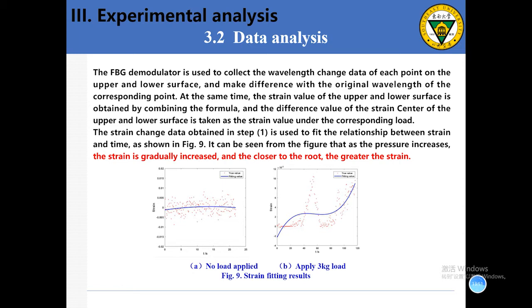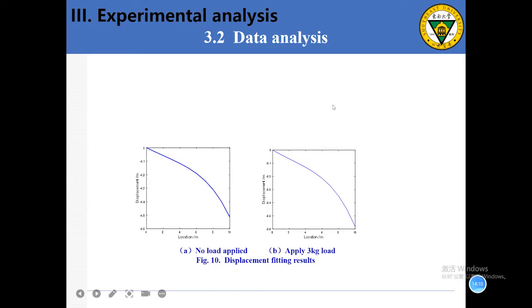It can be seen from the figure that as the pressure increased, the strain is gradually increased, and the closer to the root, the greater the strain is. Please look at the figure 10.